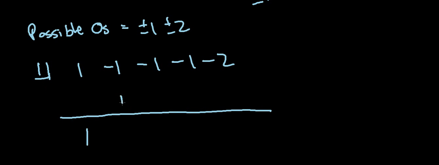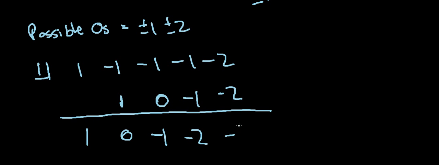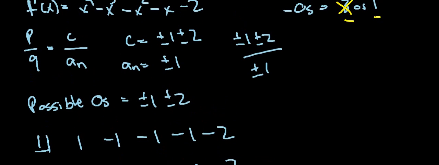So 1 times 1 is 1. 1 minus 1, 0. Bring the 0 up here. Minus 1, minus 1, minus 1, minus 1. This is minus 2. Minus 2 times 1 is minus 2, and this is minus 4. And this is not a 0. So 1 is not it.